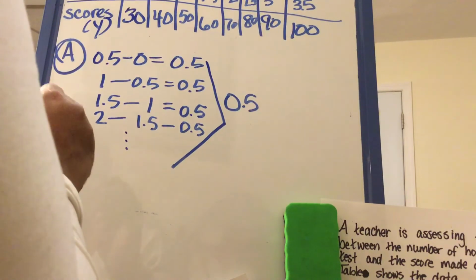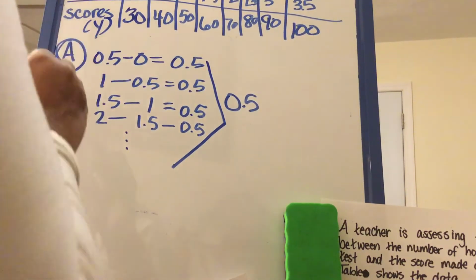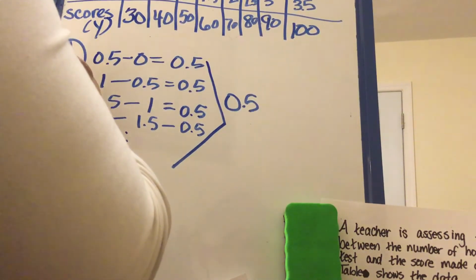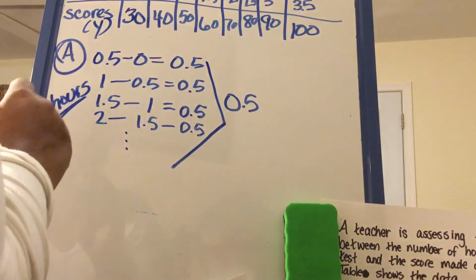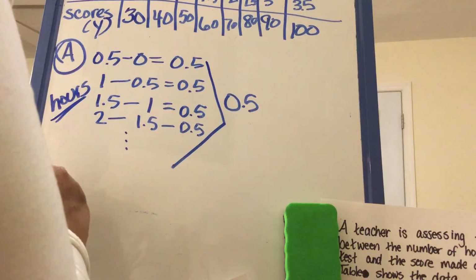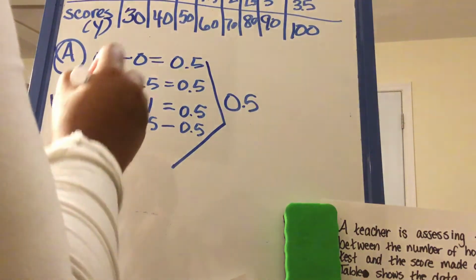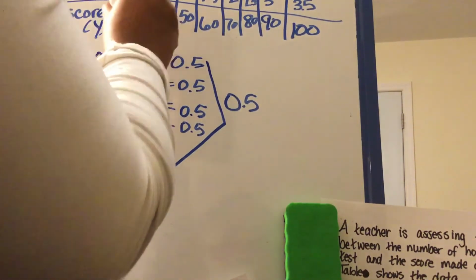Okay, so now let's look at my scores. So these are my hours, my number of hours. All right, so now I'm going to subtract my scores.